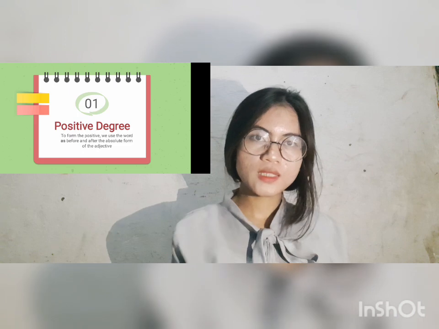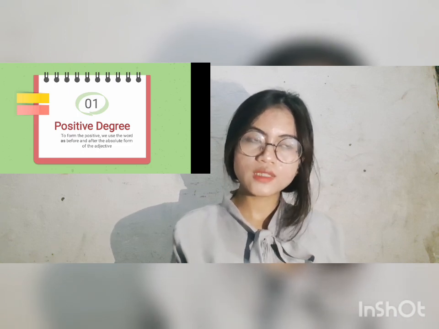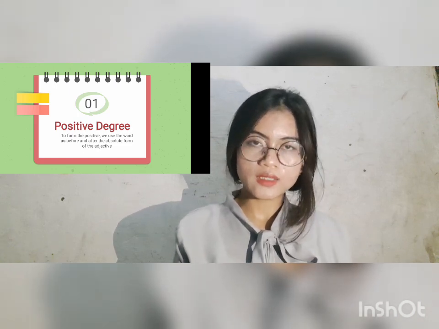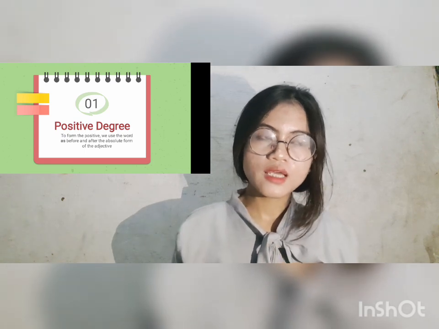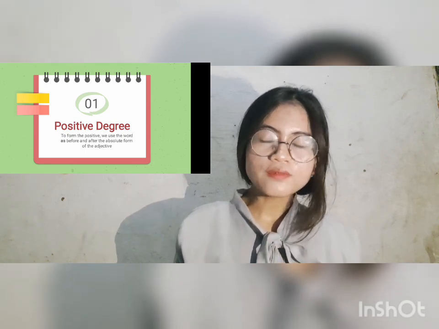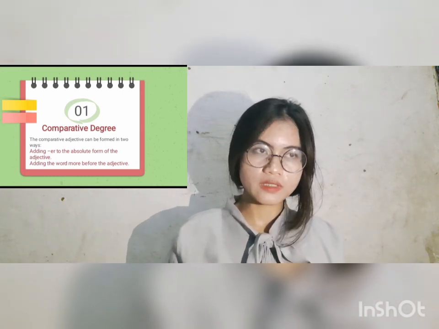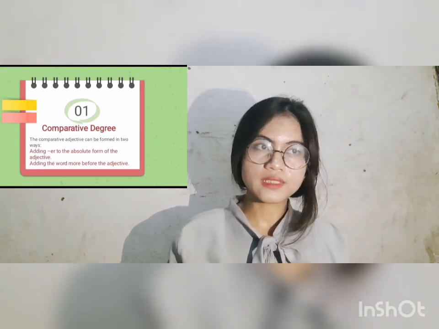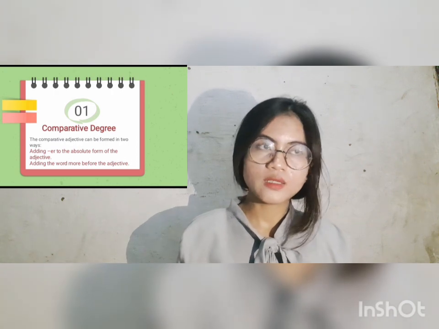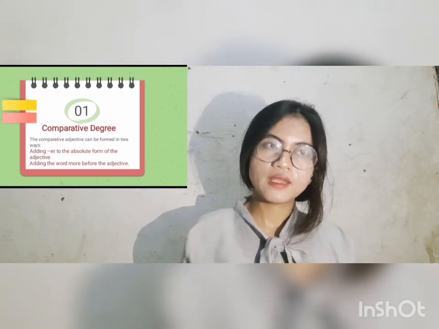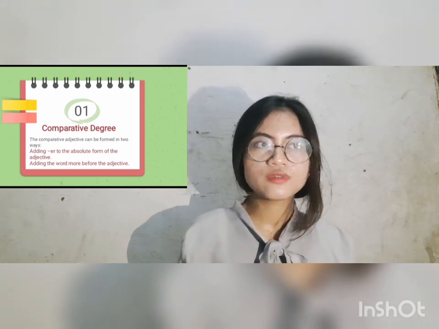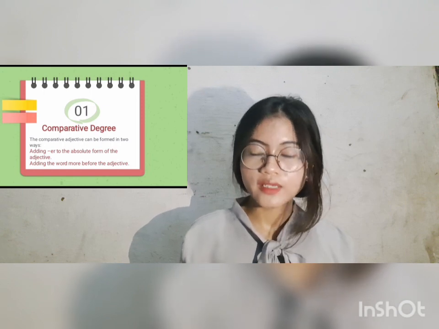First, positive degree. To form the positive, we use the word as before and after the absolute form of the adjective. Second, comparative degree. The comparative adjective can be formed in 2 ways. First, adding er to the absolute form of the adjective.